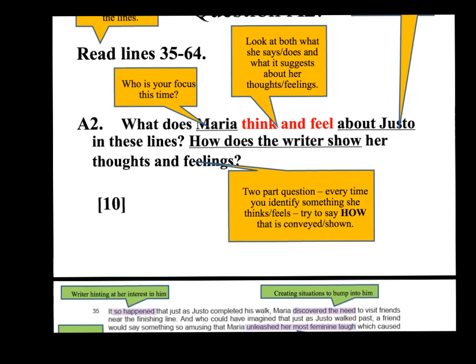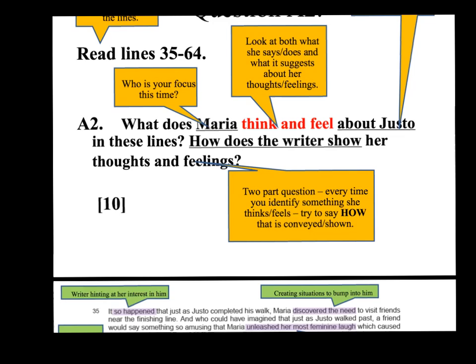So we're focusing on Maria, and we're focusing on how she thinks and how she feels. And you need to make sure that you look at both sides of that. Okay, so what she says and what she does, and what it suggests about her thoughts and feelings. You then need to focus on Justo, because she's thinking about what she thinks and feels about Justo. So it's important that you convey that as well and you understand that part of the question.